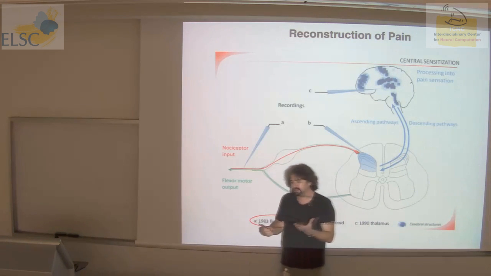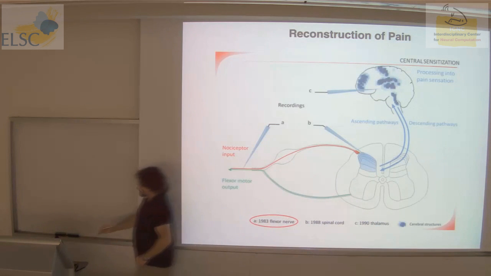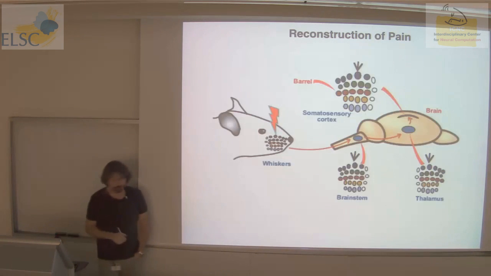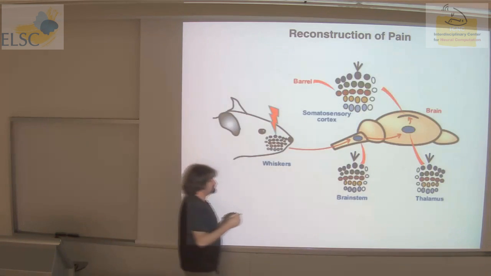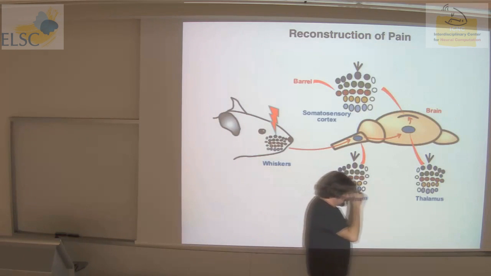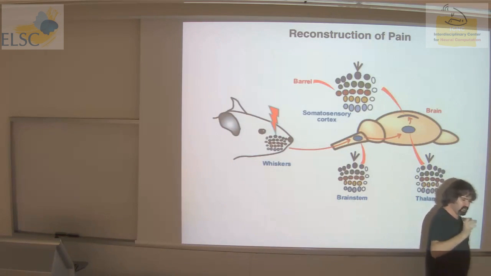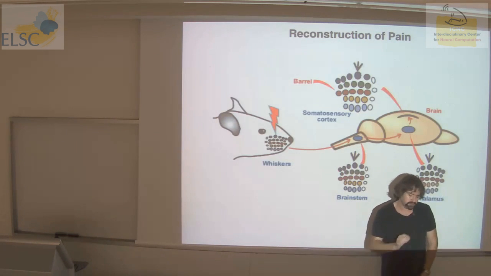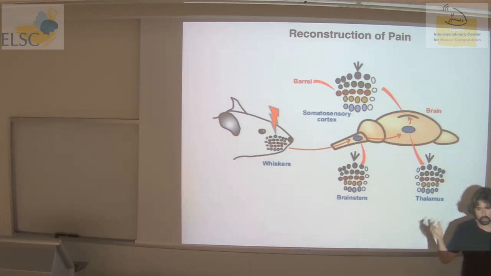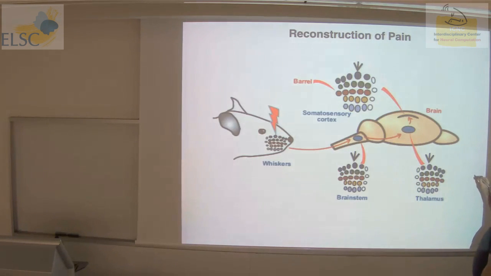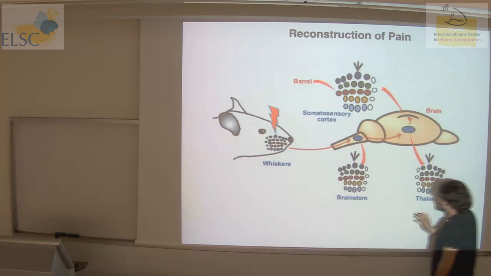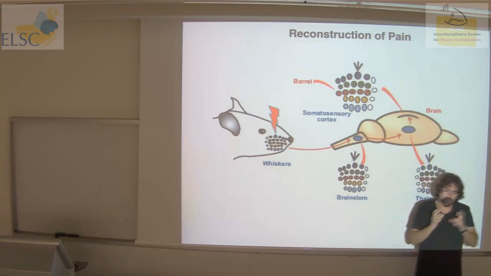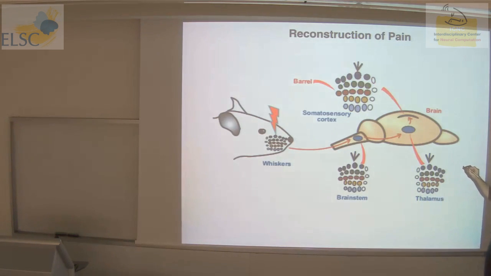And a classic model for the study is the whisker barrel system. So in the whisker barrel system, we're lucky to have specific clusters of cells at each level of analysis that are responsible for a specific receptive field. And those receptive fields are whiskers. Okay? So if we look at primary somatosensory cortex, there's an area there that's very well organized. And we can see very clear structures of rows and columns.